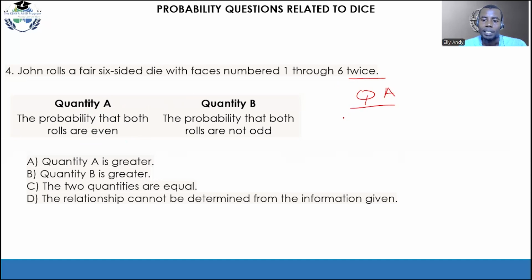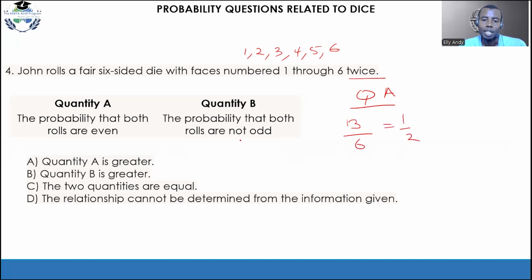So the first one is even, the second is even. So that would be P(even) and P(even), where P is the probability. So we have 1, 2, 3, 4, 5, and 6. The even numbers here are 3, over the total, that is 6, and that is a half.